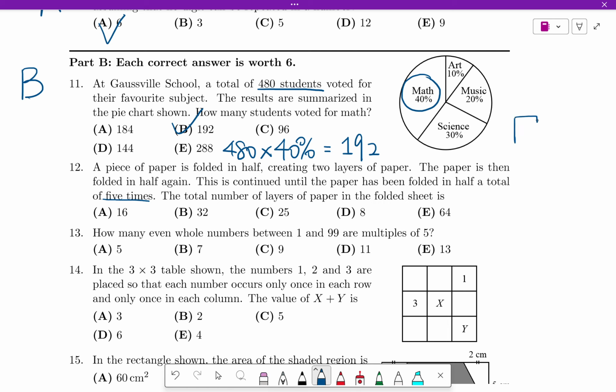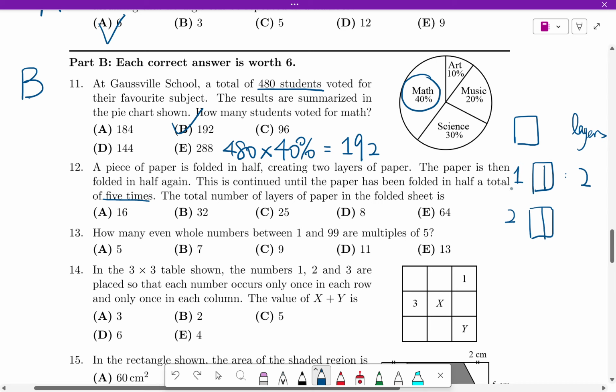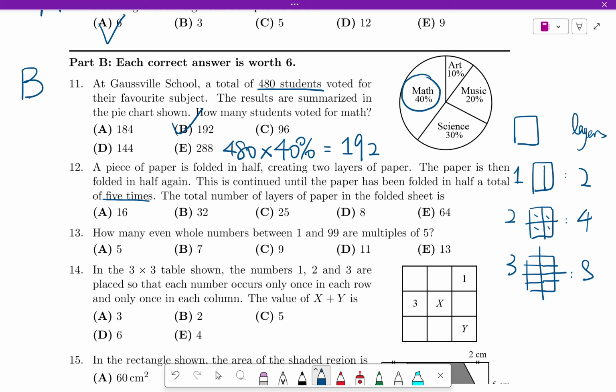So if we have a paper right here, we fold it in half one time, it will create 2 layers. If we fold it 2 times, for each of the 2 layers that we have right here, we will create 2 for each. So we have 4 layers. If we fold it another time, each of the 4 layers will be divided into 2 halves again, so we would have 8.